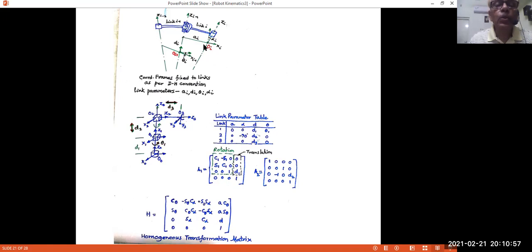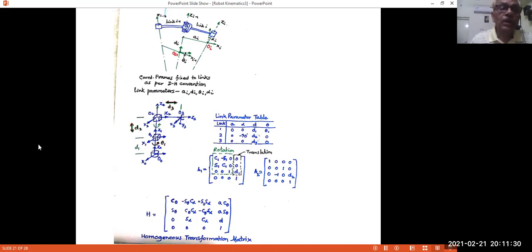We said A2 is the distance from the intersection of Z(i-1), I being 2, so Z1, with X2, from this point to O2. But O2 is here itself. Therefore, your A is 0.